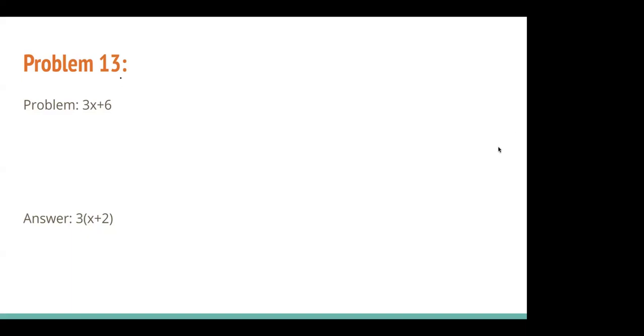If you want to first see, press... wait, hold on. We have 3x plus 6, and we want to solve it. So first we have 3, open parentheses, x plus 2.